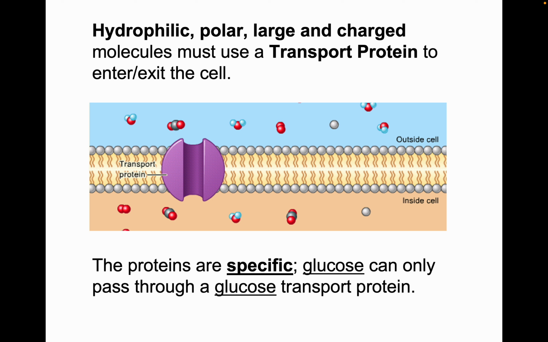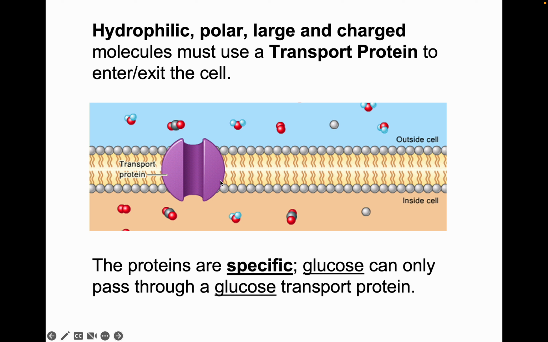So, they are loyal to the one they chose. So, if the transport protein is exclusive for glucose molecules, only glucose molecules will be allowed to pass through. The same with other transport proteins, exclusive for other molecules. It won't let anything else through but glucose.